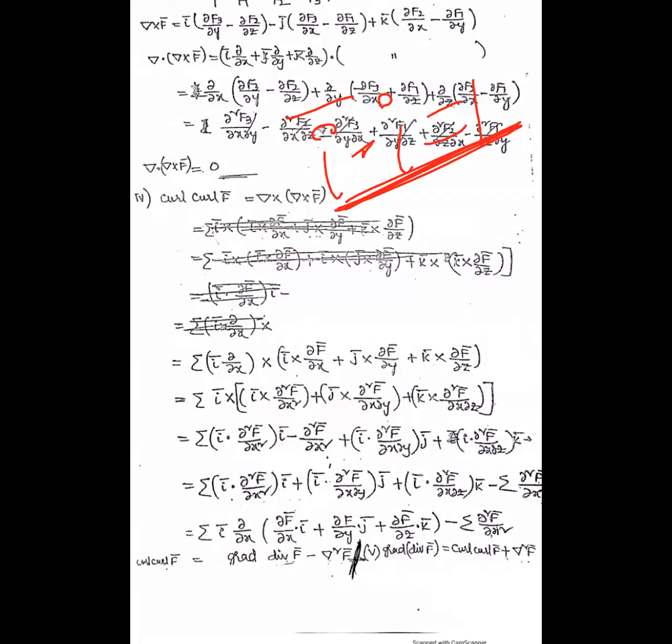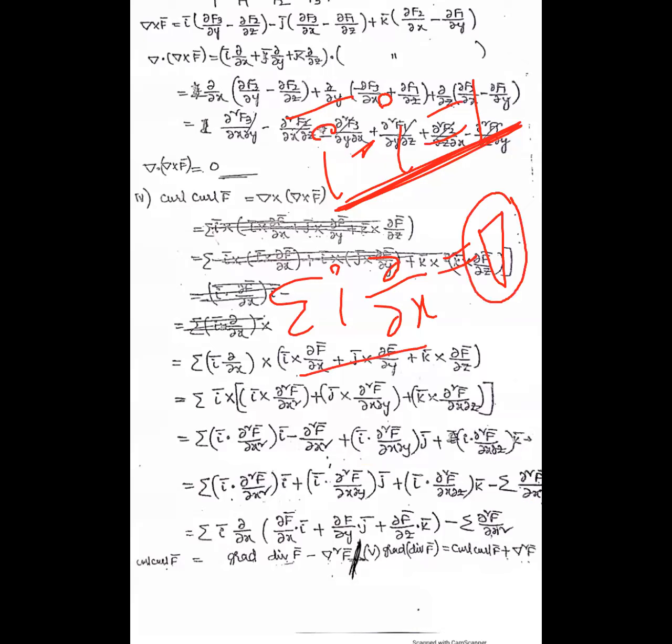So this is called grad of div f. We observe that in the second condition, grad of div f equal to, so grad means sigma i ∂/∂x. This is the formula of del. So i ∂/∂x plus j ∂/∂y plus k ∂/∂z equals del. Sigma i ∂/∂x dot means div. Here dot is not there, so only sigma i ∂/∂x, which means del.